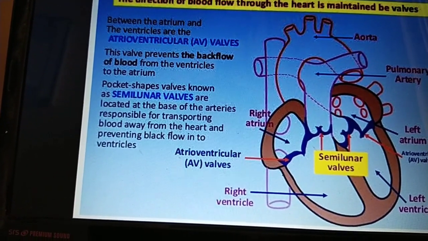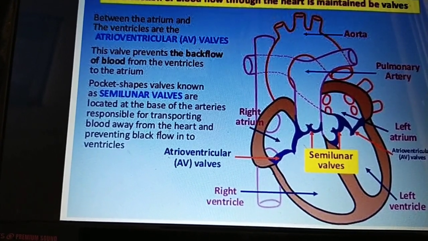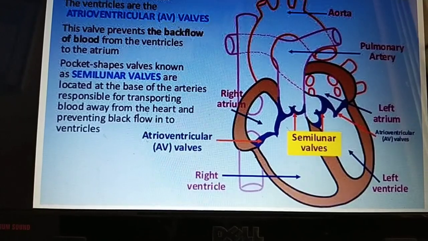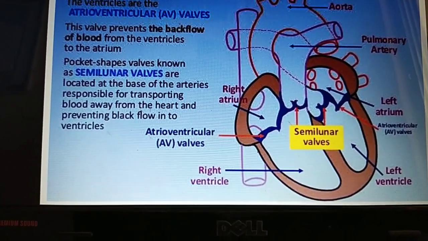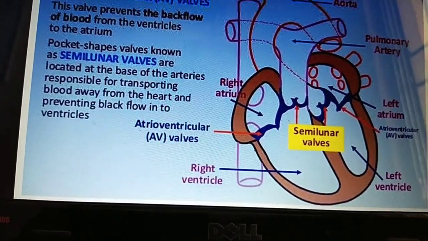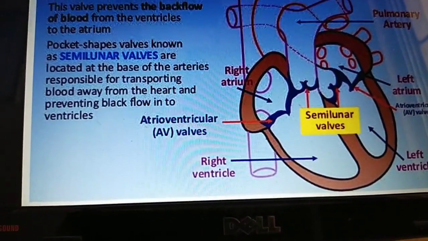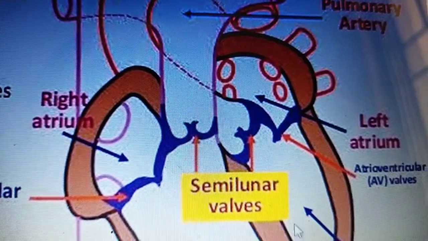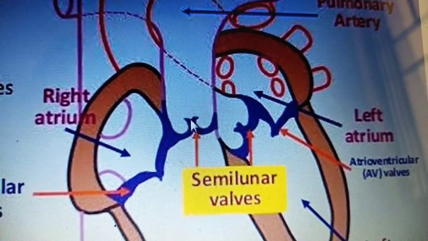The pocket-shaped valves known as the semilunar valves are located at the base of the arteries responsible for transporting blood away from the heart, and they prevent backflow into the ventricles. You can see here these two are the semilunar valves.